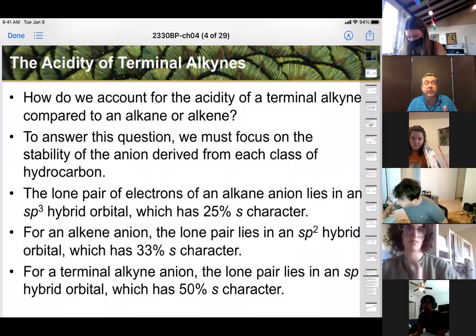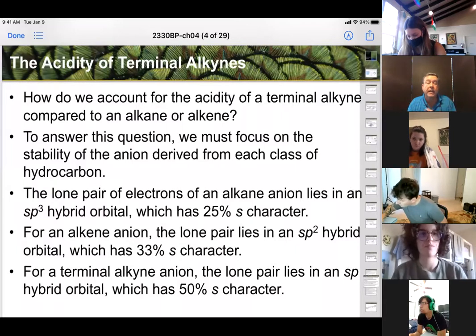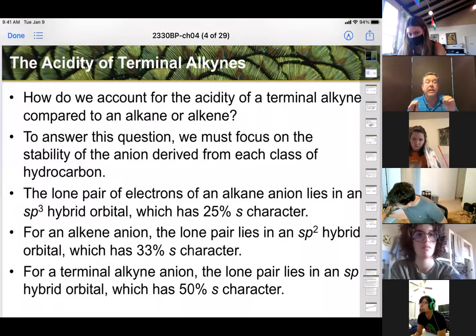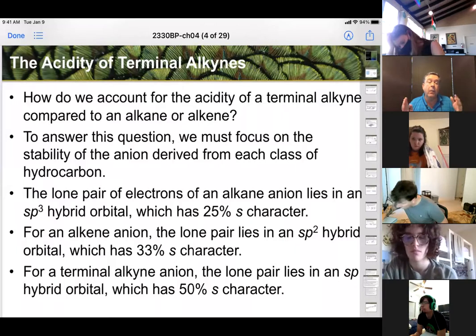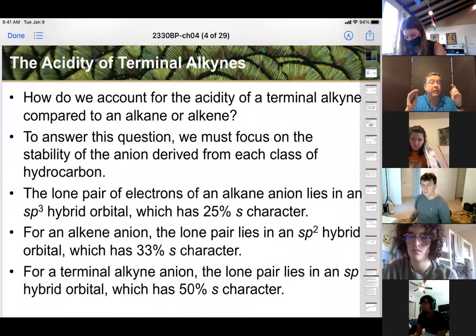It's more spherical than the other hybridized orbitals, therefore it can more easily stabilize charge. That helps us understand why the alkynyl hydrogen is more acidic than the alkenyl hydrogen, which is more acidic than the alkane hydrogen.